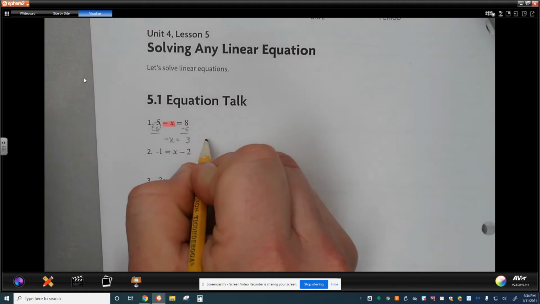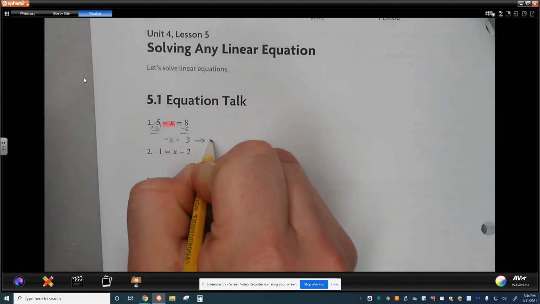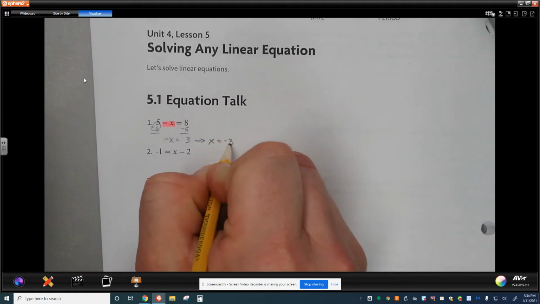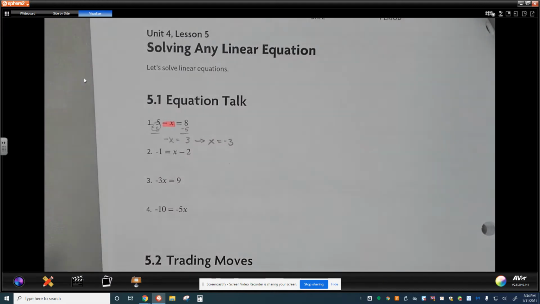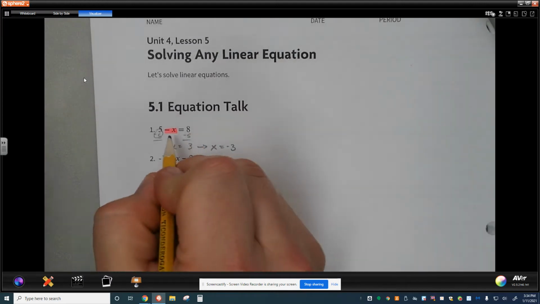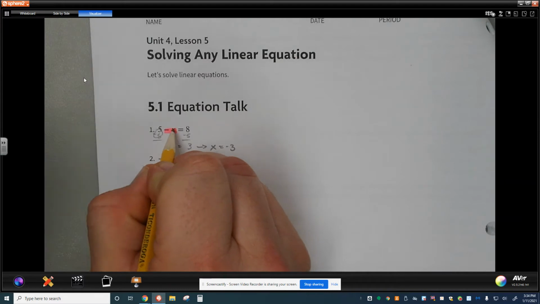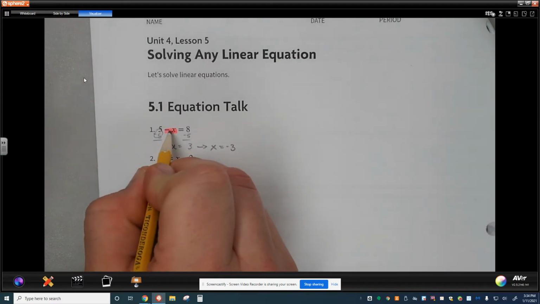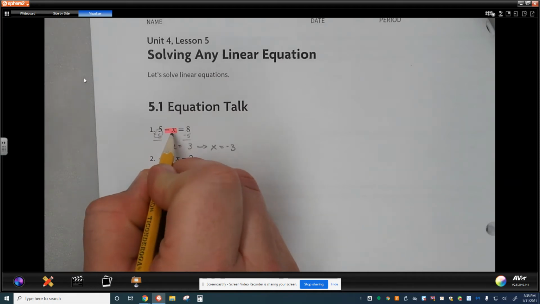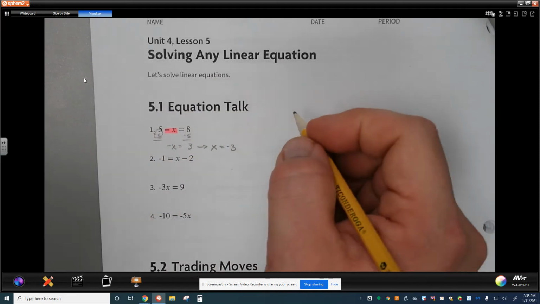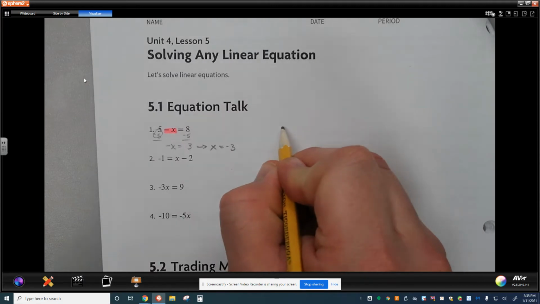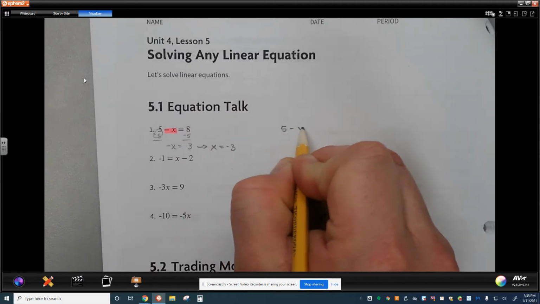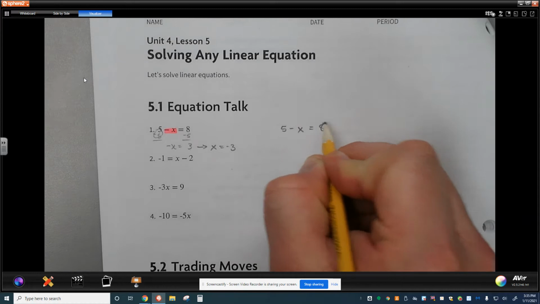So how do I actually avoid getting that wrong answer in the future? There's a couple of ways to do that. One way, if you see an x sitting here all by itself or any other term with a minus of the variable, we could say, 5 minus a number is equal to 8.